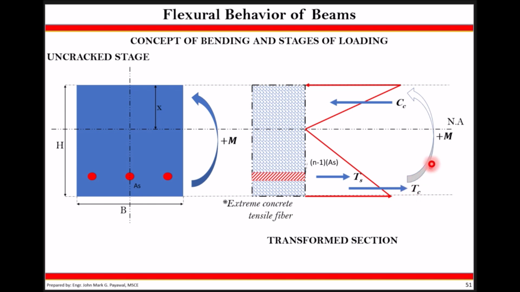So this is the result of applying the positive moment that's been taken on this original beam. So these three would be our unknowns a while ago. These forces would now produce stresses on these particular regions or locations.